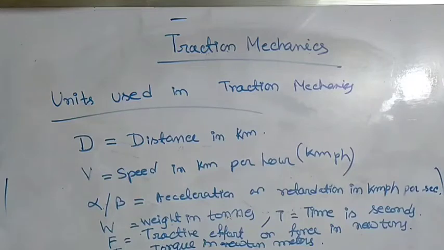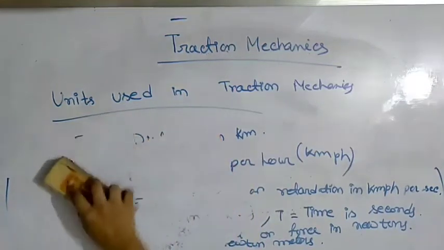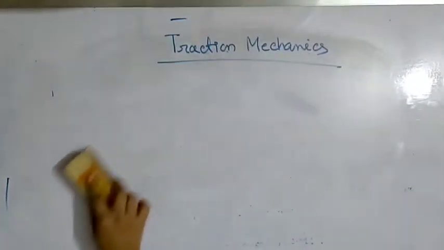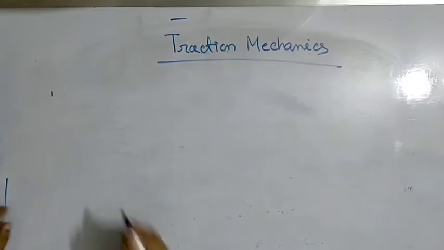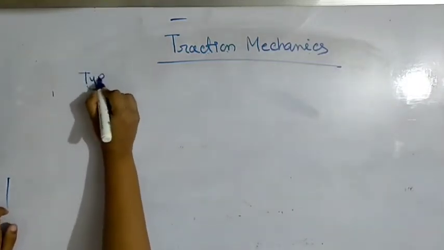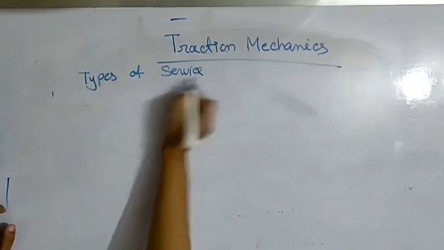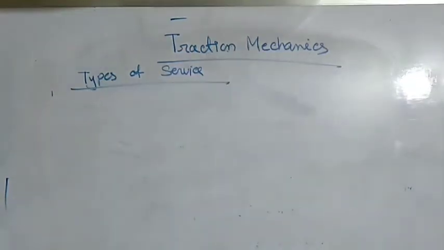Next we discuss types of service. Now there are three types of passenger service which a traction system has to cater for, namely urban, suburban and mainline services.